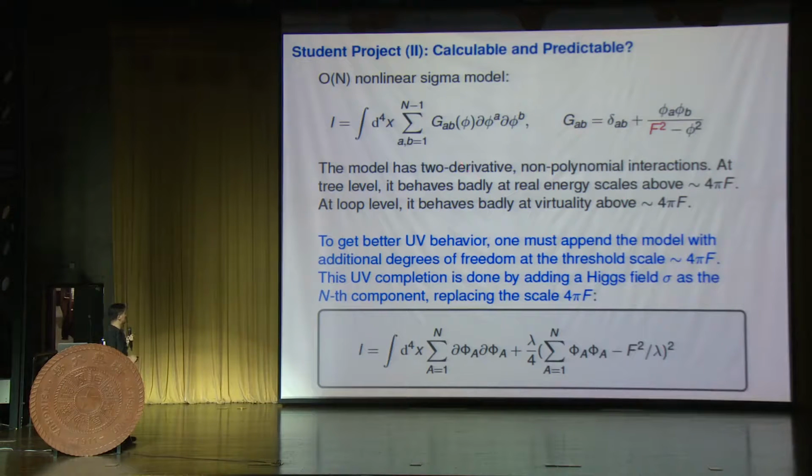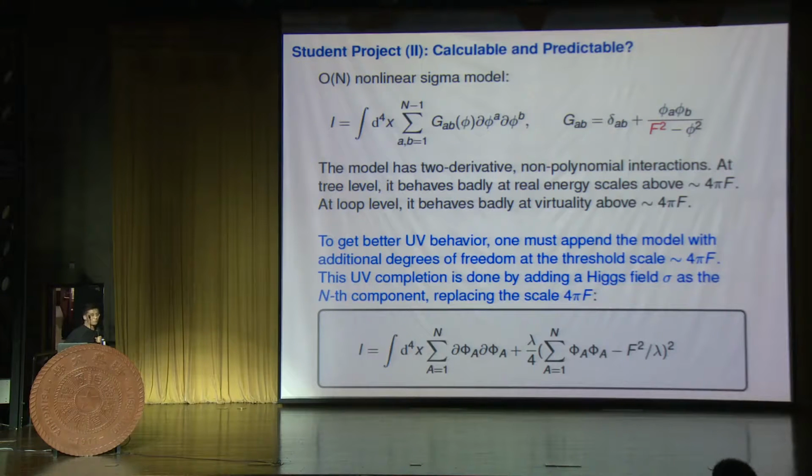That's appending the n-1 pions with the magnitude direction, such that you now have a linear sigma model of these quartic interactions whose magnitude squared is the Higgs field squared. And this F scale comes in as the quadratic mass term, and it's nicely combined with this one, such that when you have a strong coupling, it just reduces to the usual nonlinear sigma model.